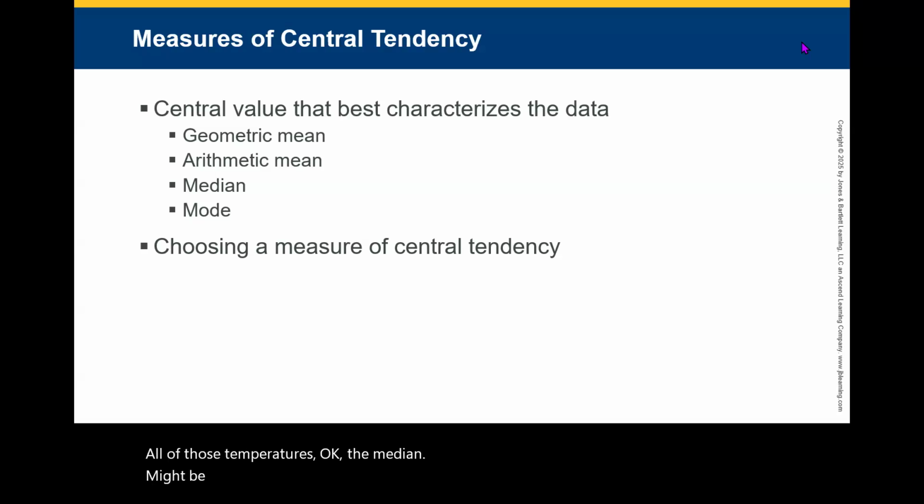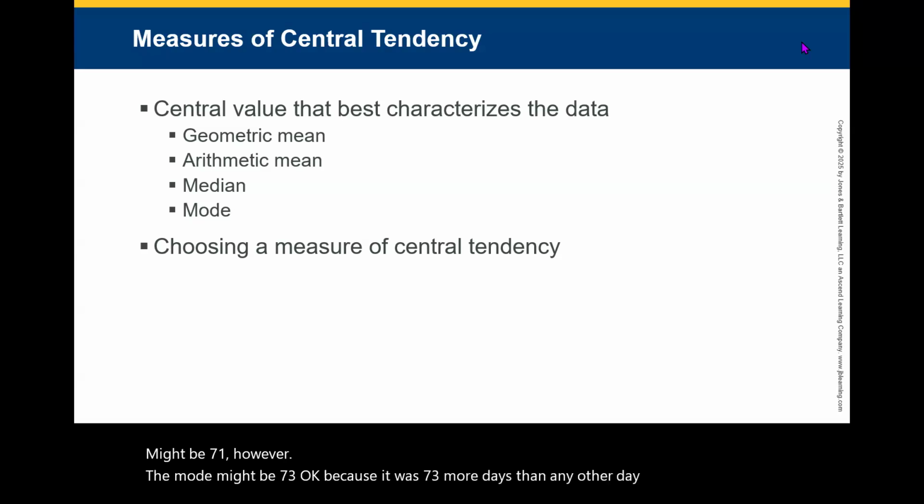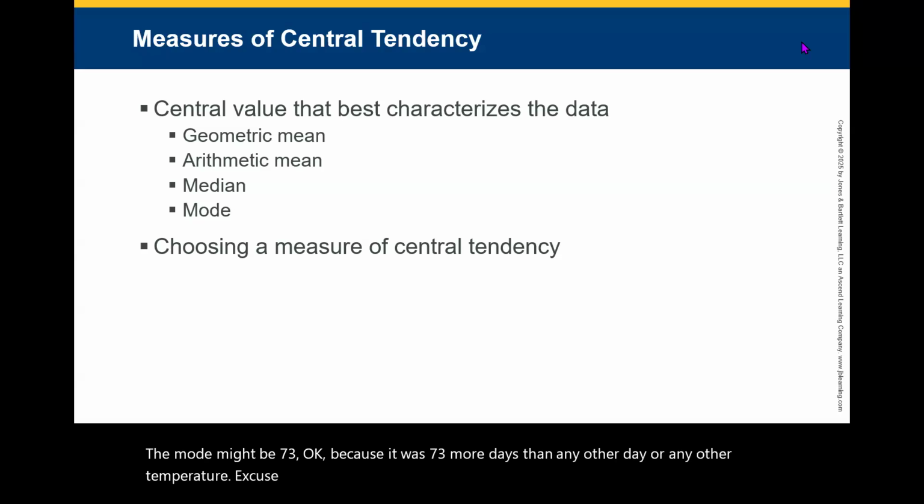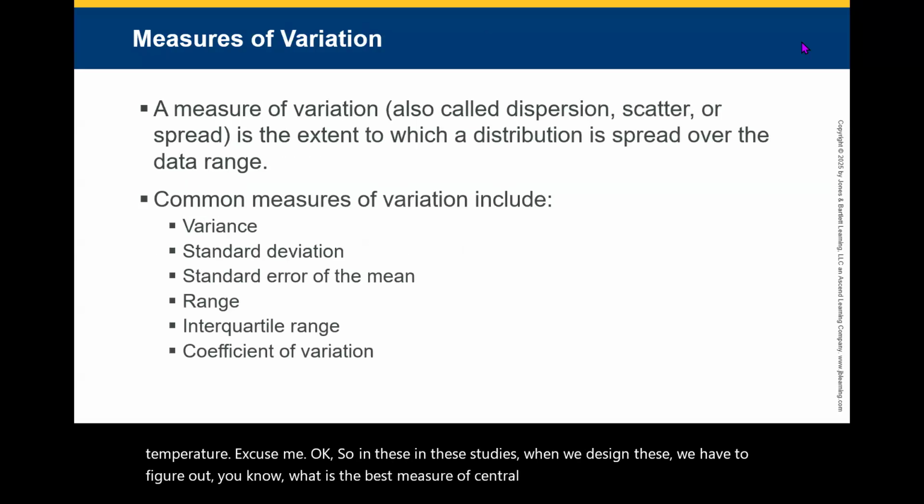However, the mode might be 73, because it was 73 more days than any other temperature. So in these studies, when we design them, we have to figure out what is the best measure of central tendency for our purpose.